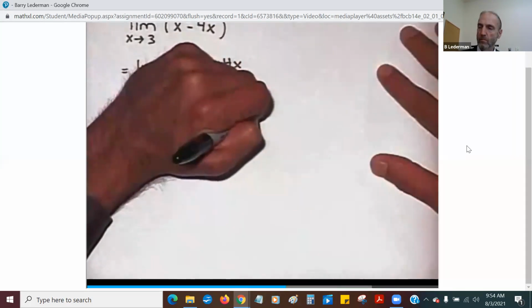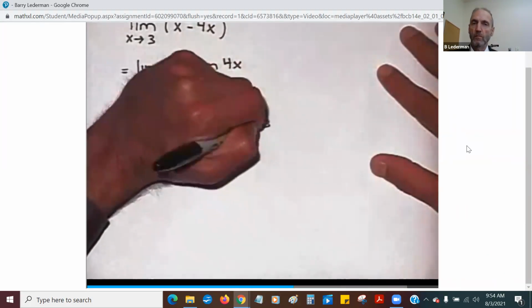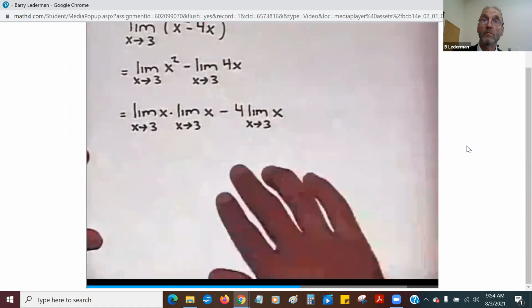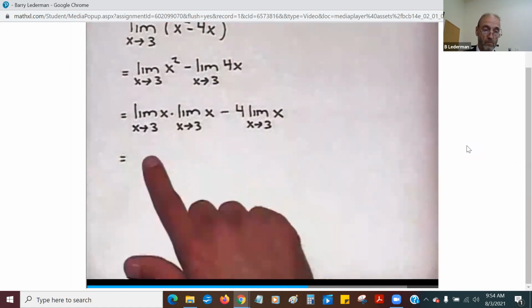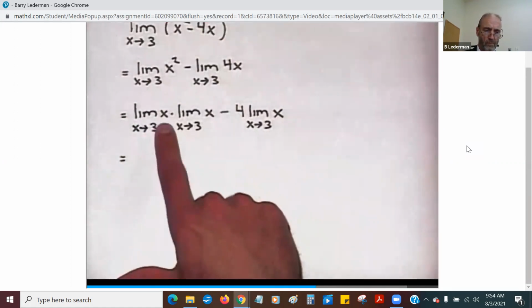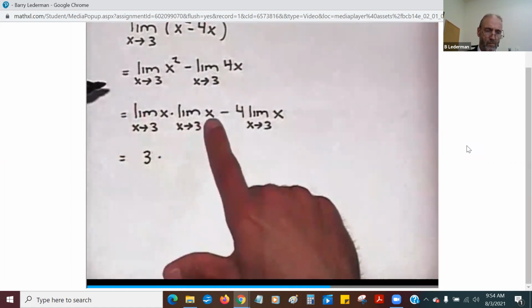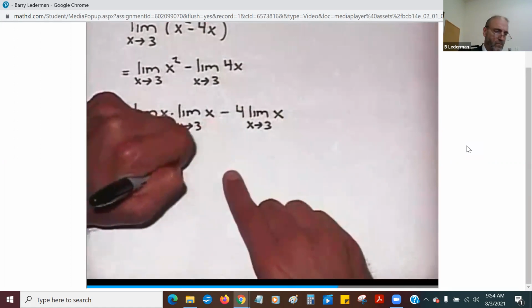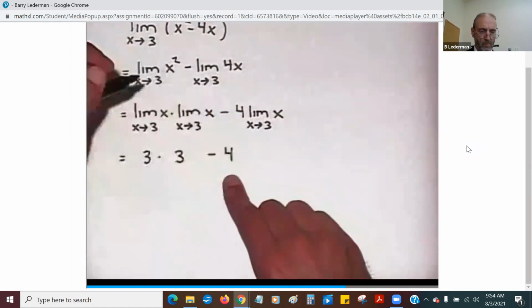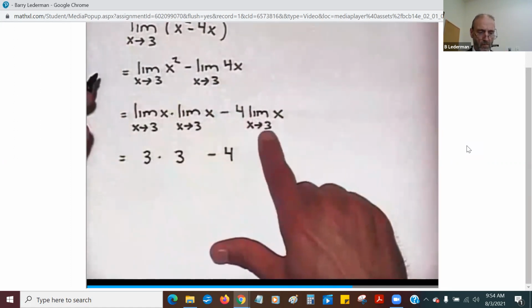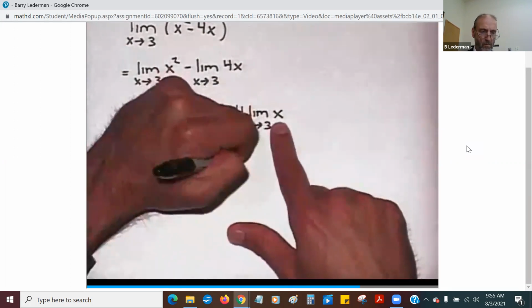So 4 times the limit as x approaches 3 of x. Now I can apply the limit to each piece. As x approaches 3, x approaches 3, so this becomes 3. As x approaches 3, x again approaches 3. Then we do minus 4 times the limit as x approaches 3 of x, which is also 3.